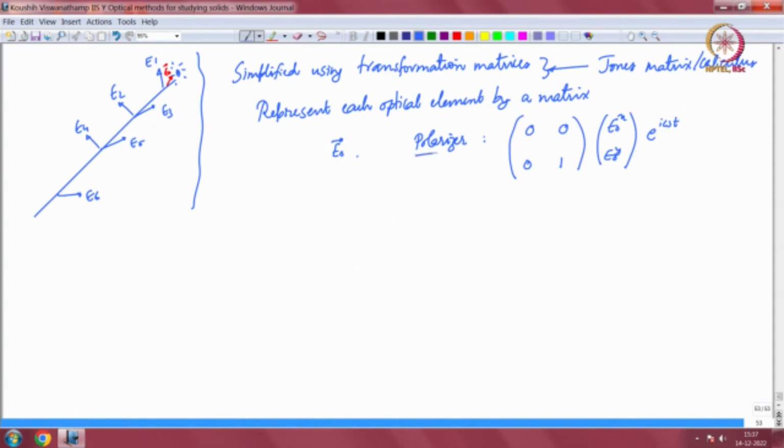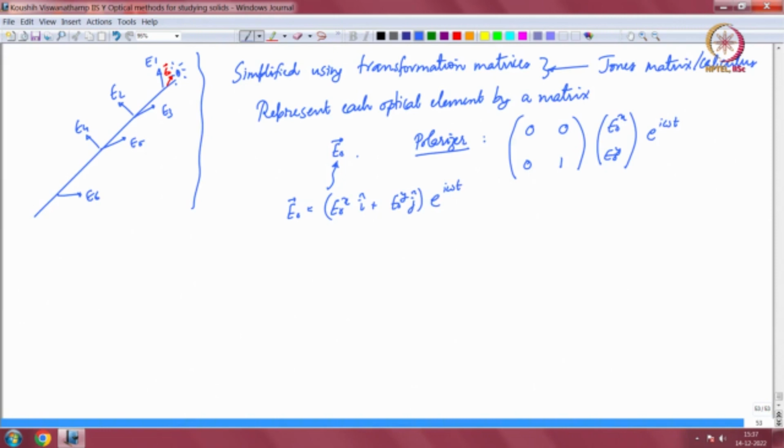I will explain this notation in a minute. So, you are assuming that your incoming electric field vector is of this form. E0 bar is E0x times i hat plus E0y times j hat, naturally because it has to be in the xy plane. It has 2 arbitrary components and it has this oscillatory term going along with it, e power i omega t.